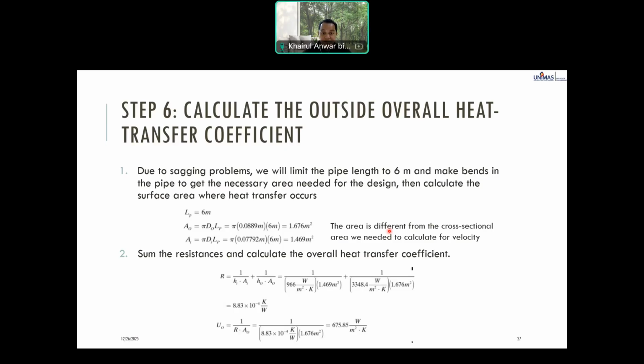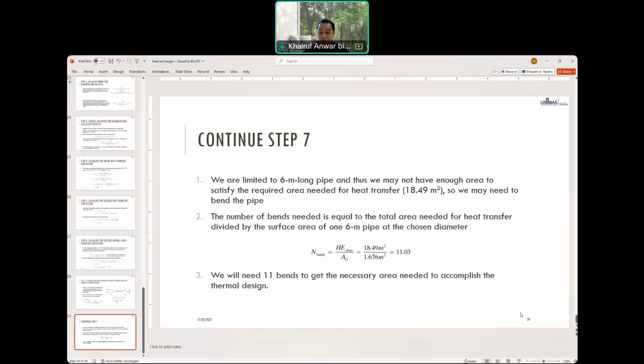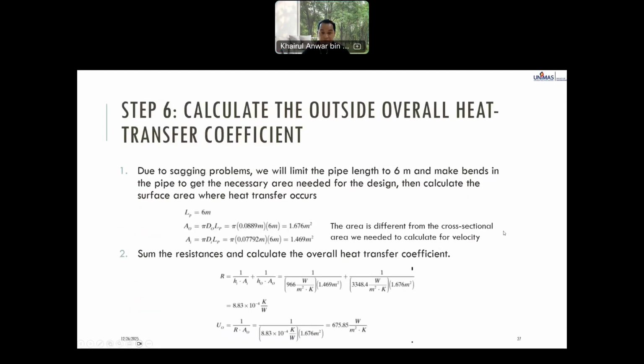A naught here refers to the outside diameter for the inside pipe. So pi times 0.0889 meter multiplied by 6 meter. This is talking about the inside pipe.